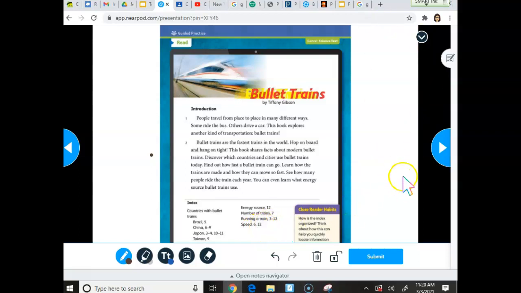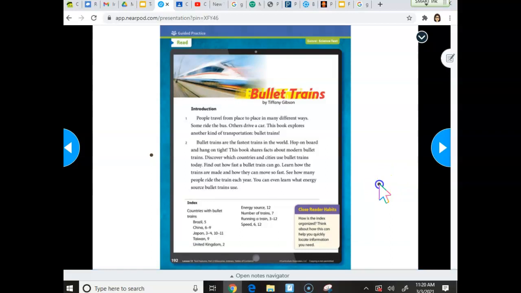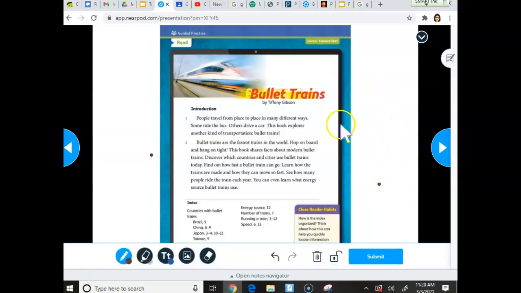All right, now let's look at our passage and see what you can understand from it. Bullet Trains by Tiffany Gibson. Introduction. People travel from place to place in many different ways.